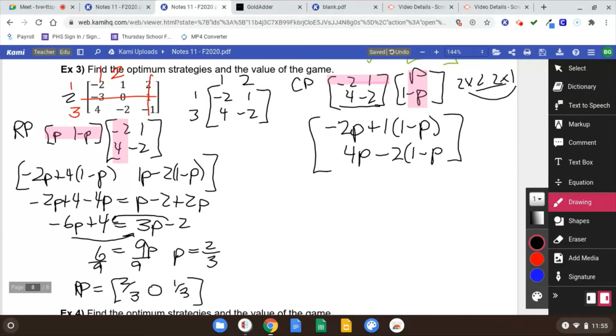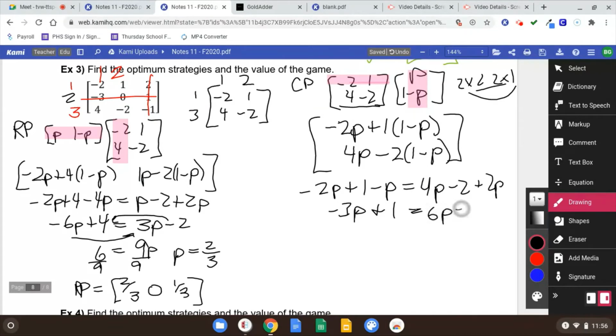So let's see. Look like that. -3p plus 1 equals 6p minus 2.